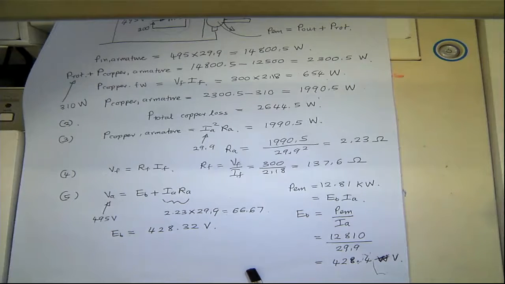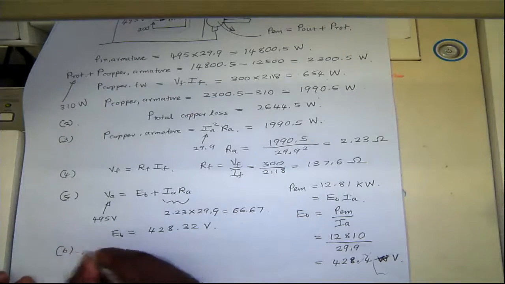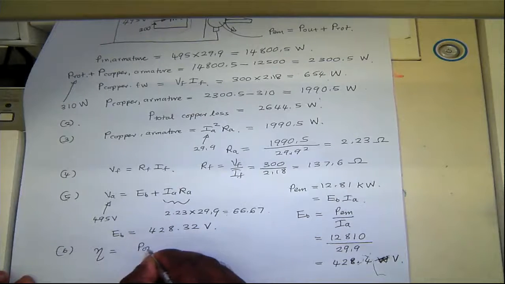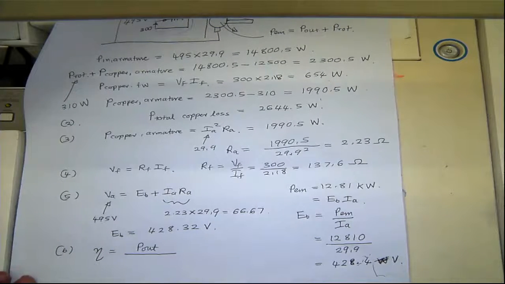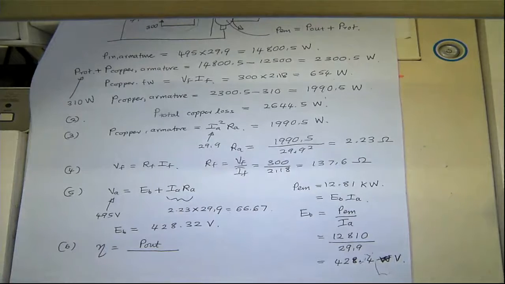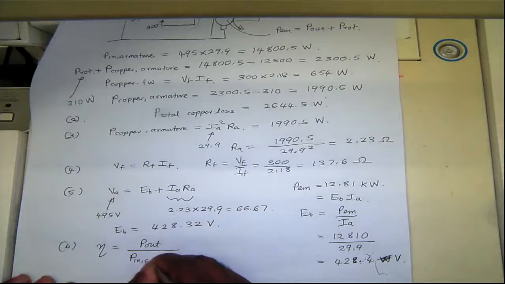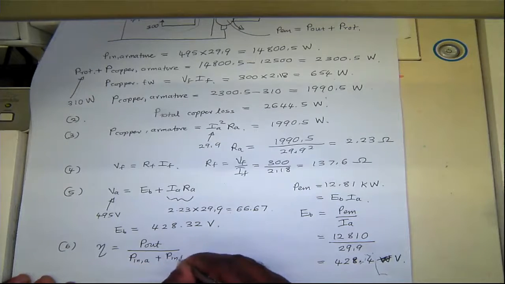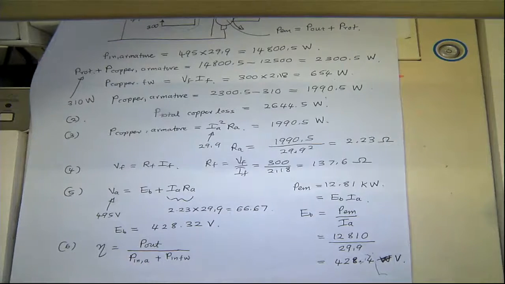And then sixth is to estimate the efficiency of the machine. So you have the output power, which is 12.5. You have the armature input power. So the efficiency will be the output power divided by total input power, which includes the armature input power plus the field winding input power as well. So P in armature plus P in the field winding is the total power input.